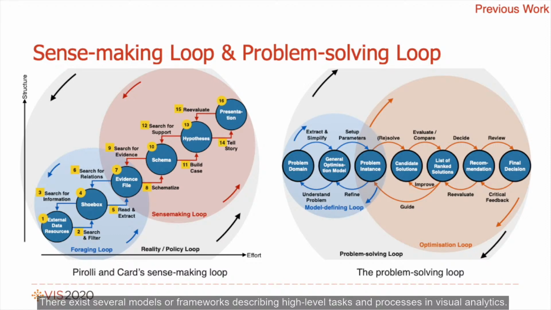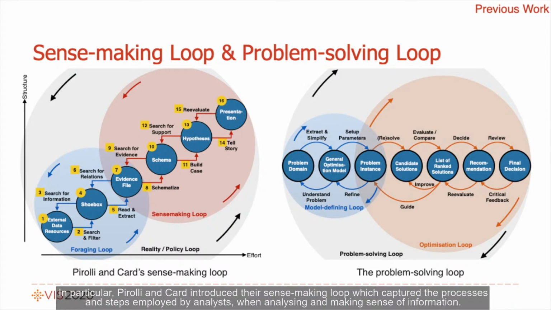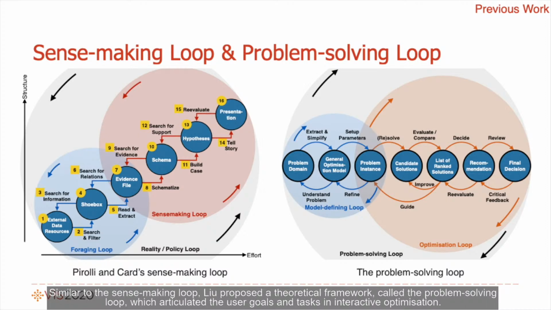There exist several models or frameworks describing high-level tasks and processes in visual analytics. In particular, Pirolli and Card introduced their sense-making loop, which captured the processes and the steps employed by analysts when analyzing and making sense of information.